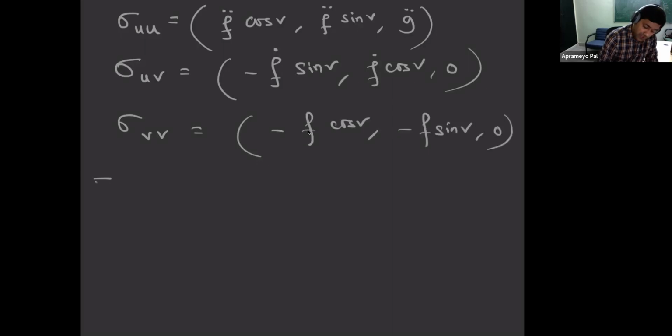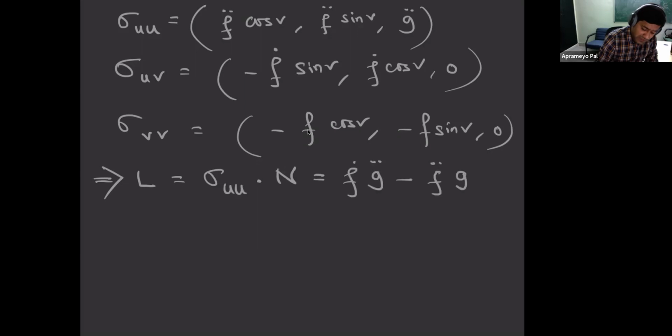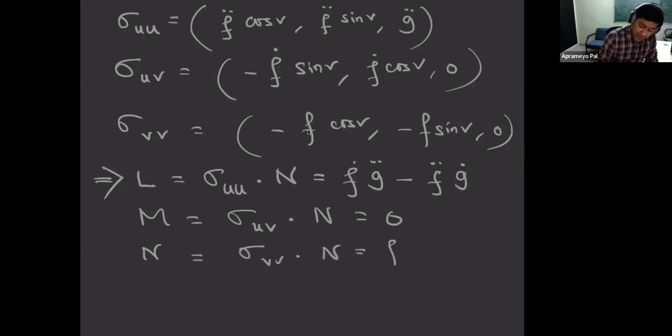So finally, this should now give us the L, which is sigma uu dot n. This you can also compute. This would be f dot g double dot minus f double dot g dot. M you can compute as sigma uv dot n. This will be 0 actually. And N would be sigma vv dot n, which is f g dot.